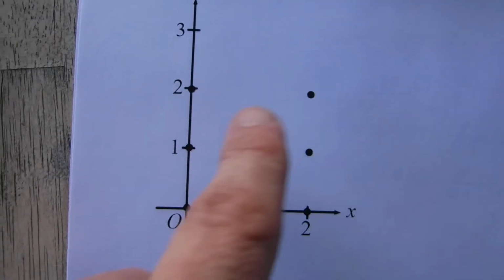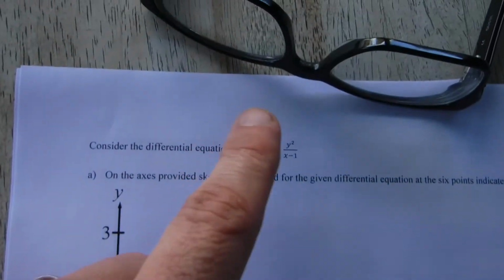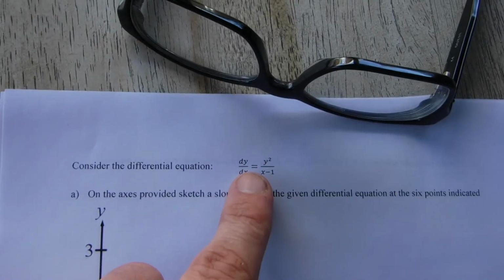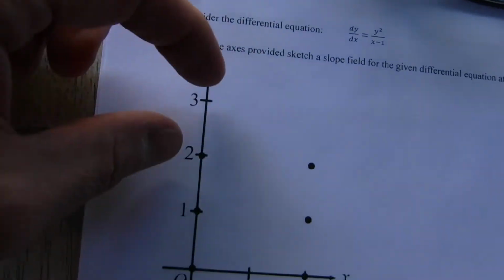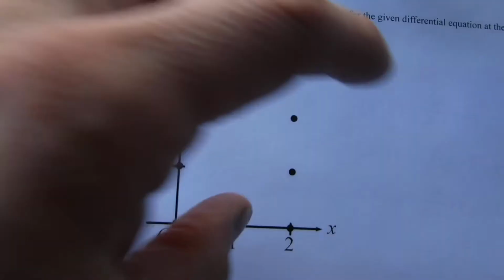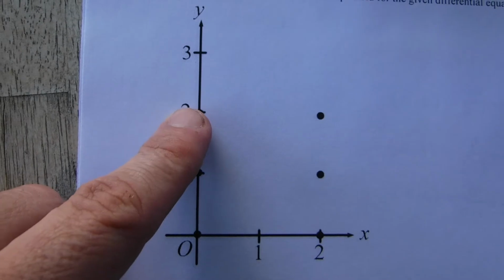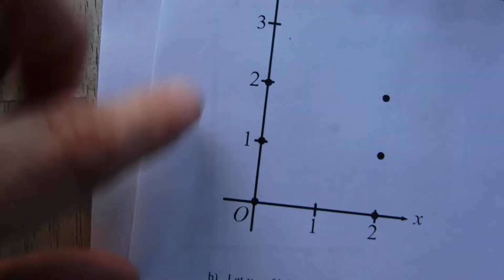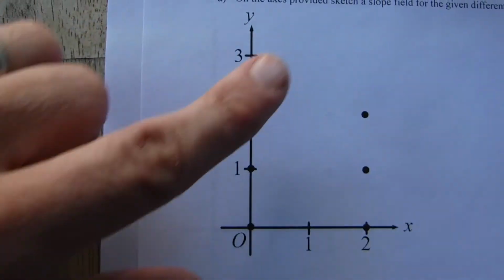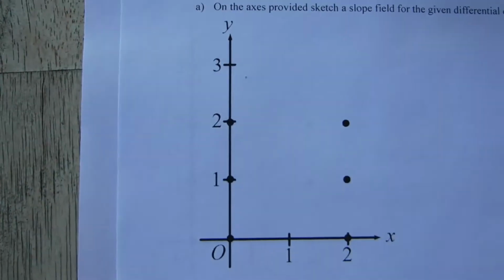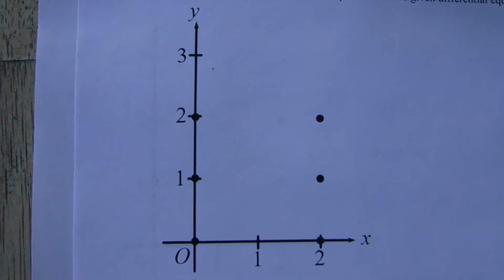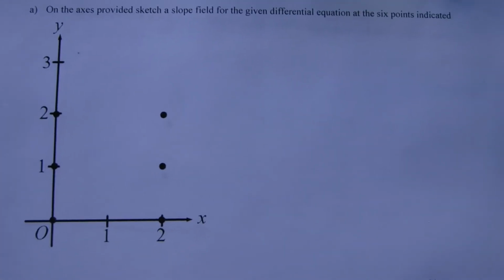So at these 6 points, we need to use this to figure out the slope, and then physically just draw a little dash line through these points of what the slope would be. So for instance, if this slope were 1, our little dash would be in a positive 1 kind of aspect. Okay, so first things first, let's start discovering what these individual slopes are.